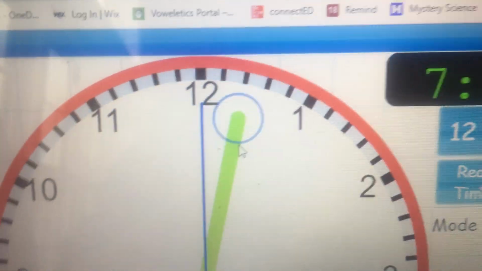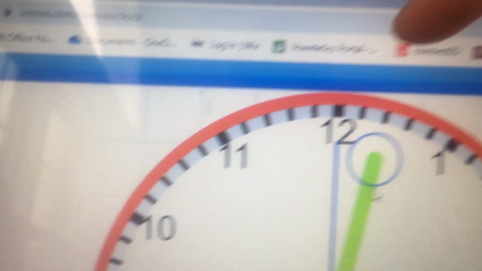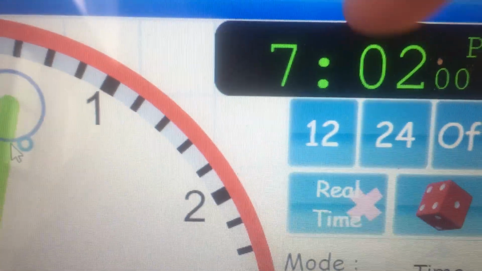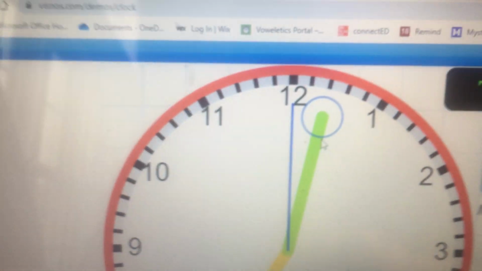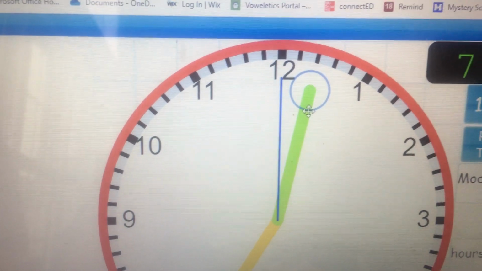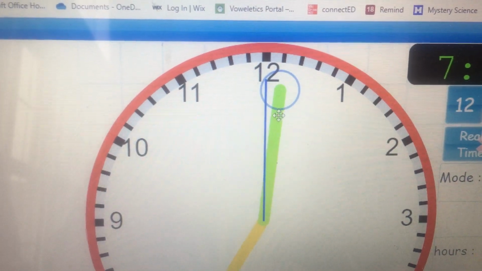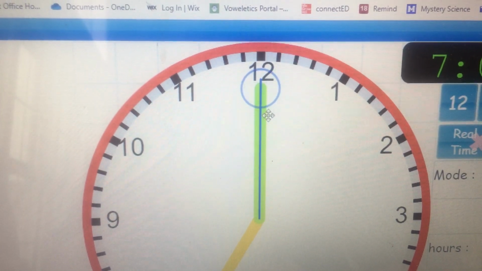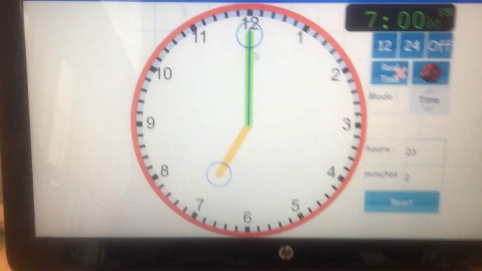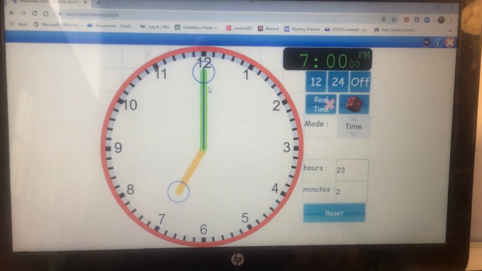See that? See the 2 lines here? Each of those lines is a minute. So it's 1, 2. It's 7:02, 2 minutes after 7. I want to get it to 7 o'clock. So I'm clicking and dragging. Ooh, I had it. Good. Now, 0 minutes after 7 o'clock. That's what that looks like.